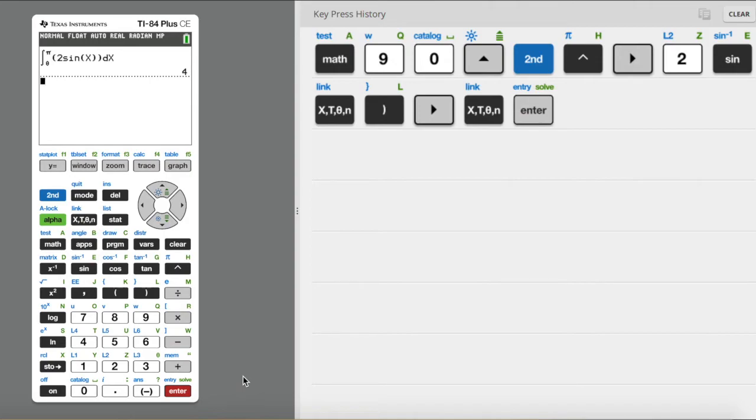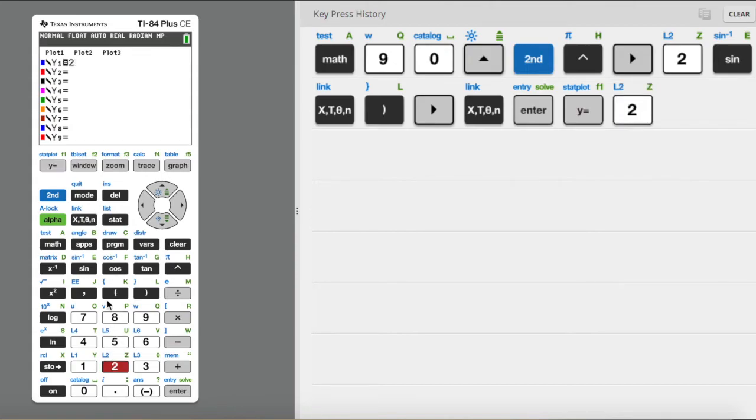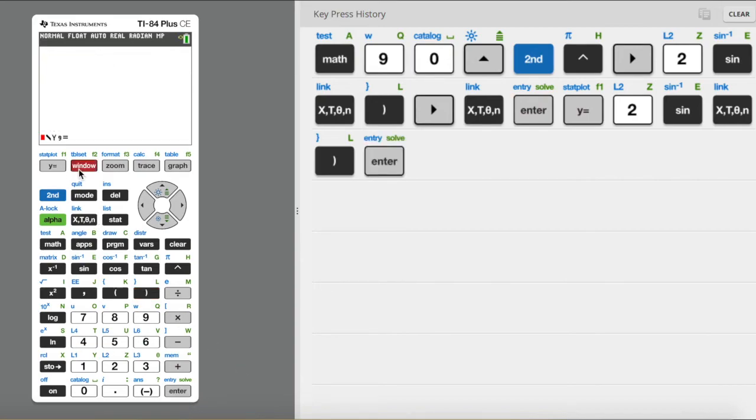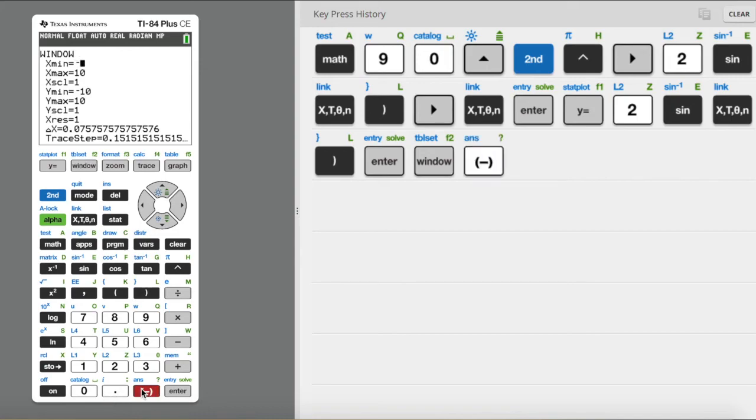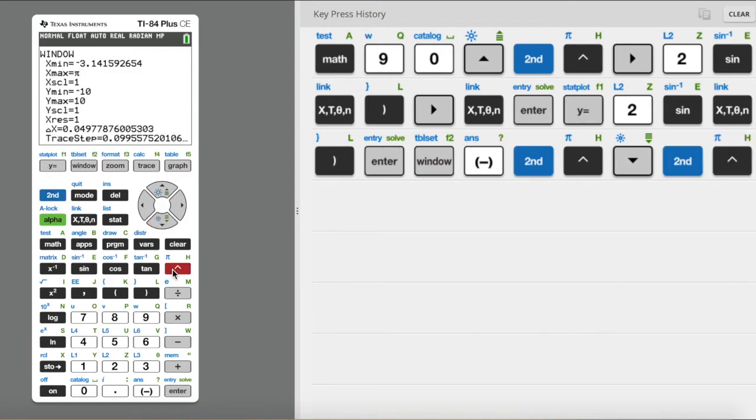Another way to do this is graphically. If you go to y equals and enter your function 2 sine x, close brackets, and then press enter, you can set your window from, say, negative pi to pi, and then you can use whatever scale.